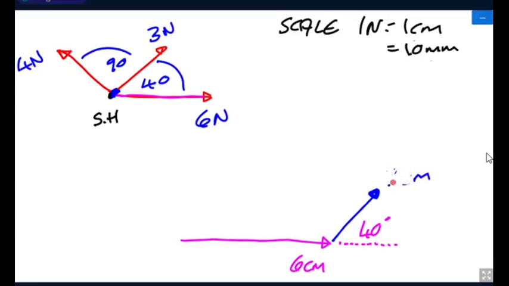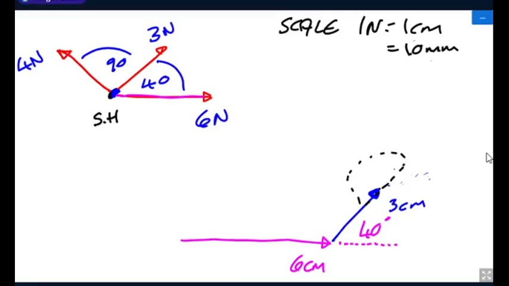Just want to make a bit of room for the 3 centimeters. And then I would put my protractor or my angly drawing thing on there.